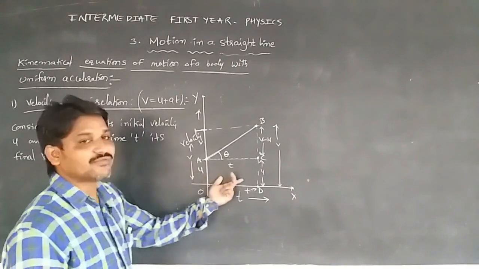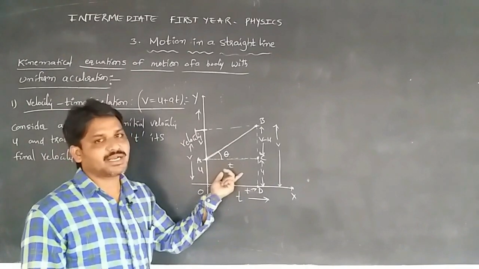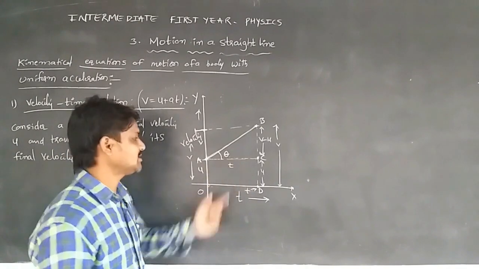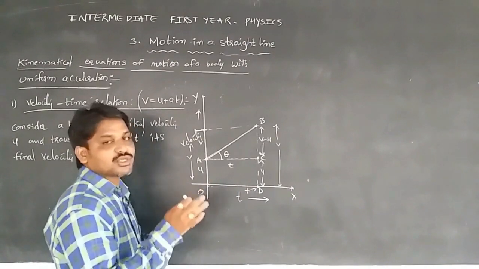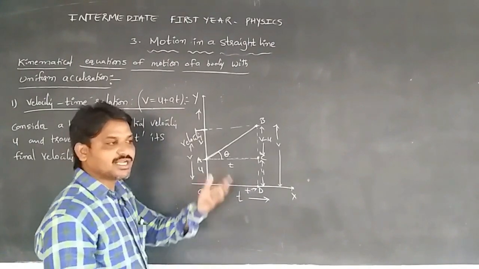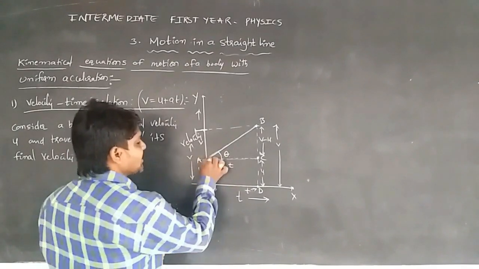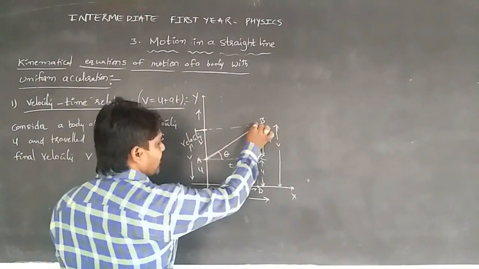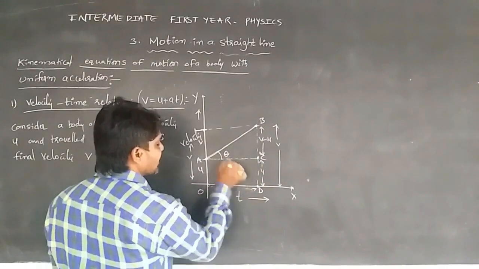So this is the graph which is useful to determine all the kinematical equations of motion. Concentrate on this. Whenever the body is moving with uniform acceleration, it already has some velocity, and with time the velocity is increasing, so it reaches B in time t.